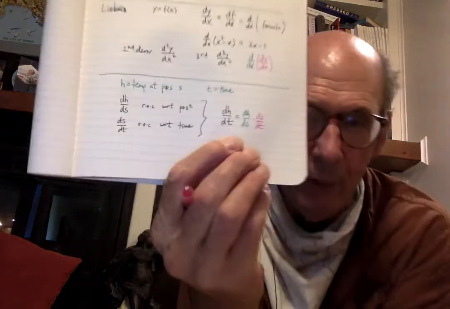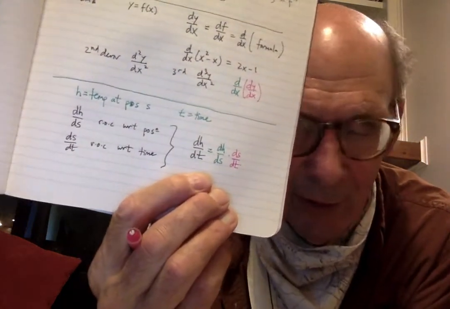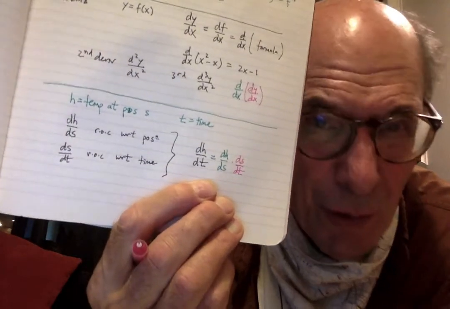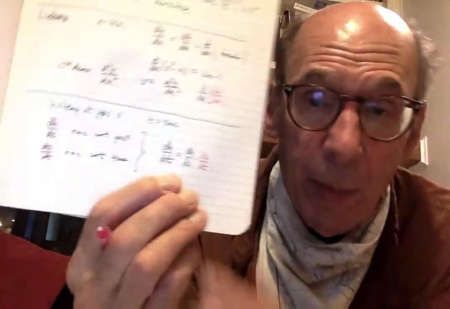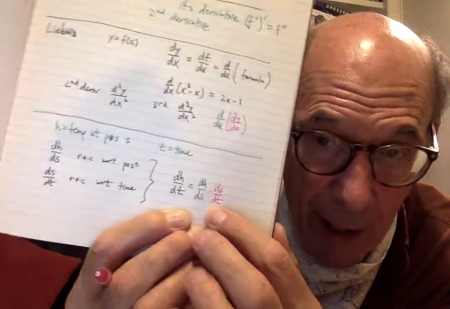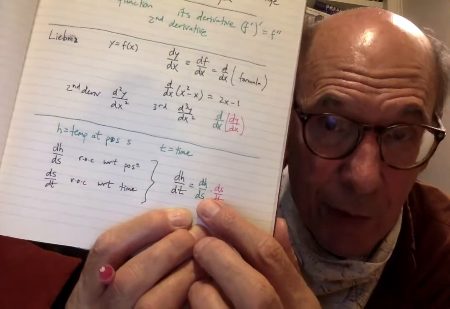It is dH by dS, that's one of the rates that we know, times dS by dT. So luckily these aren't fractions, well, they sure look like fractions. So you're not going to cancel. Well, it sure looks like you're canceling, but this tells us how the derivative of a composition works out.